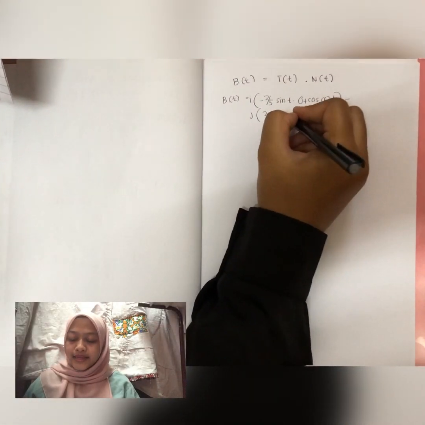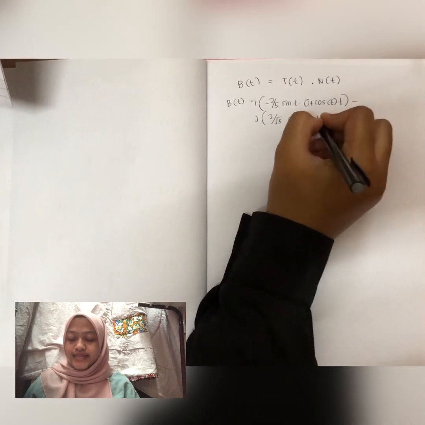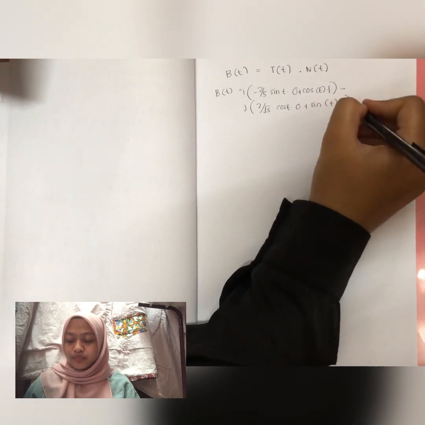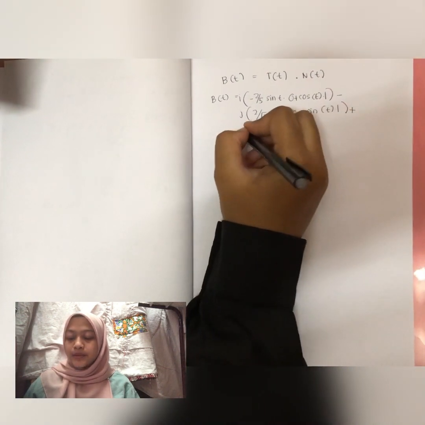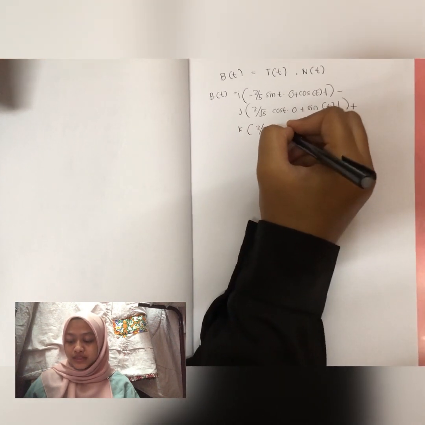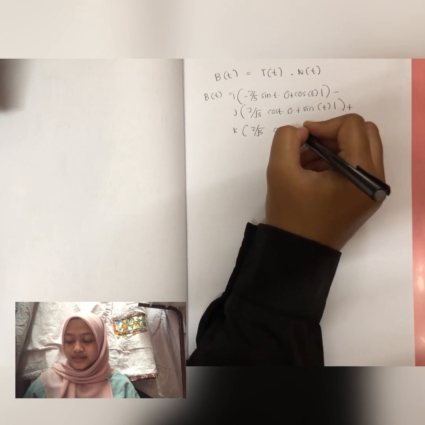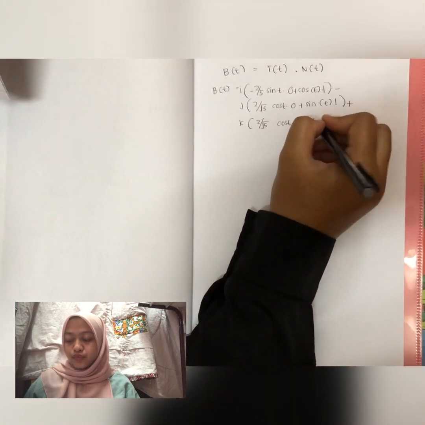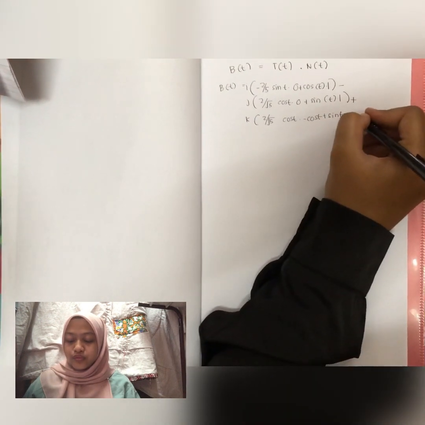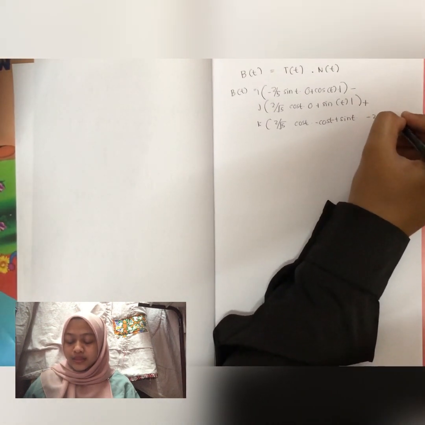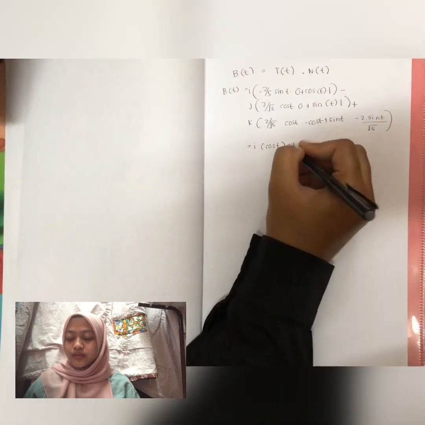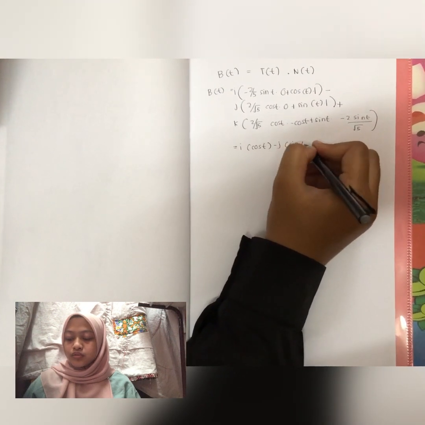So it will be i times (negative 2 over square root 5 sin t times 0 plus cos t times 1), minus j times (2 over square root 5 cos t times 0 plus sin t times 1), plus k times (2 over square root 5 cos t times 0 minus cos t plus sin t times negative 2 sin t over square root of 5).